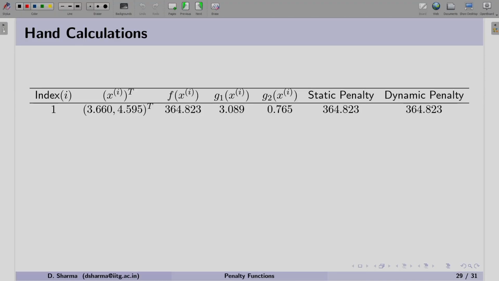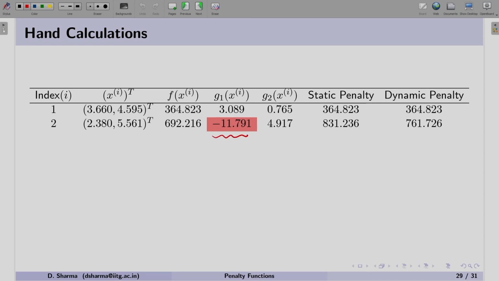So, let us look at the table now. In this particular table, solution 1 was feasible. That is why the objective function value, static penalty function value and dynamic penalty function value are the same. In solution 2, G1 was infeasible, so accordingly the penalty was added into the objective function and we got different values for static penalty and dynamic penalty.